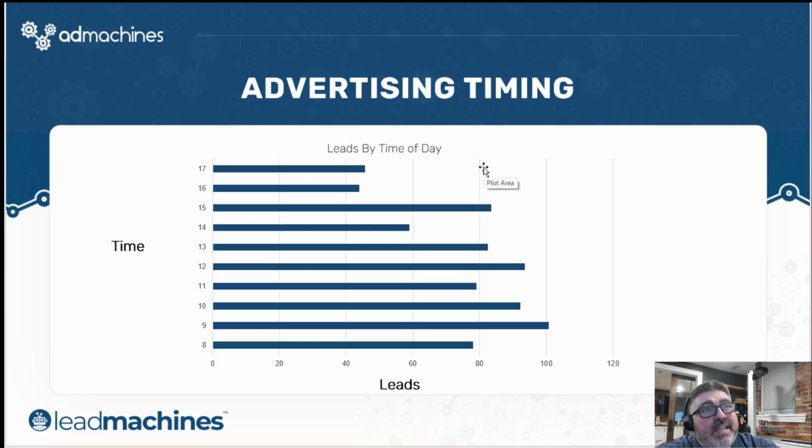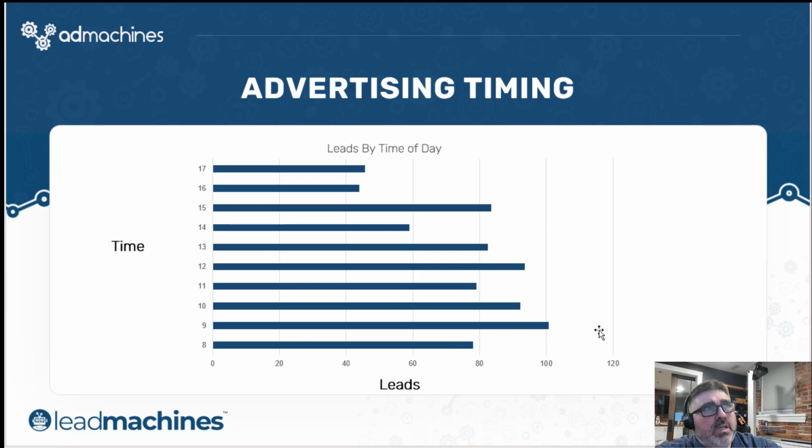And then there's time of day. This is a cutout of a consolidated average of, I think, 10 drain cleaning companies I pulled here. Time of day and the number of leads. And there's volume at every single time of day. There's a lead cost by time of day.